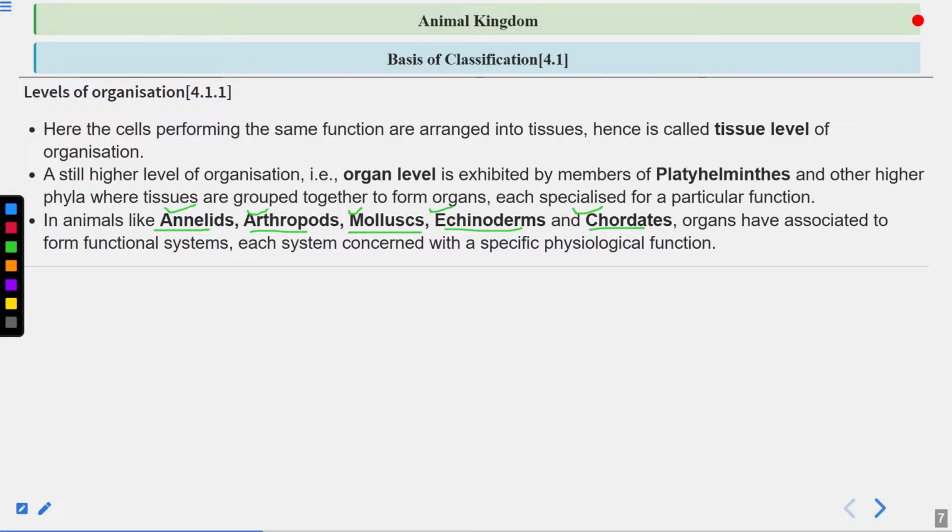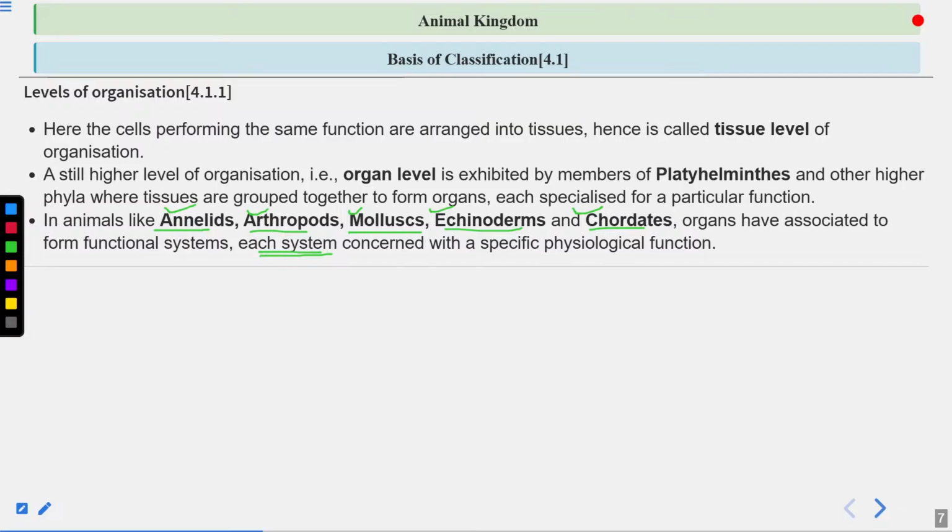So what special level of organization do these animals have? They have systems, meaning digestive system, respiratory system, circulatory system, nervous system, reproductive system. It means they have the system level of organization, right?